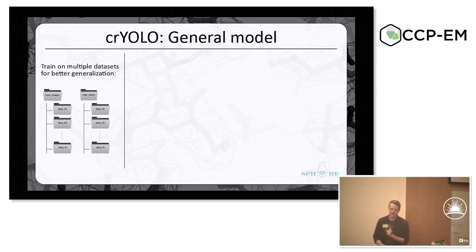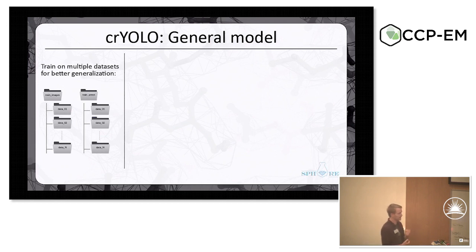Another thing I would like to highlight is the general model. Typically you will make multiple data acquisitions for the same particle using different cameras, a different microscope, different grids. And it's likely that a model that you trained on only one data set from one data acquisition will not perform perfectly on another data set, which might use a different grid or different settings or whatsoever.